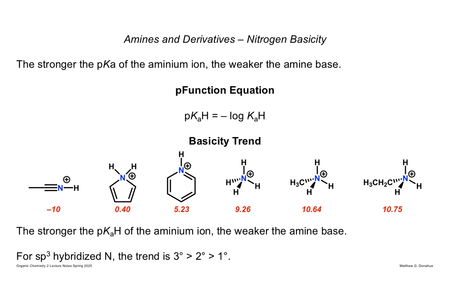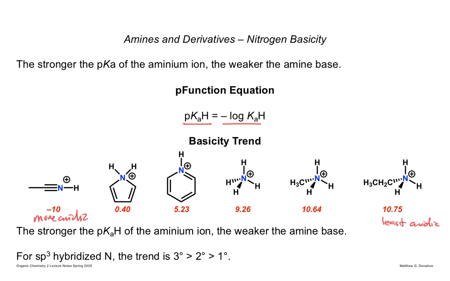So from that Ka function, we apply the logarithmic operation. So there's the negative log that turns it into the pKa. And that's the numbers you see in red. So remember that the lower that number, the more acidic. So negative 10 is the most acidic, 10.75 is the least acidic.